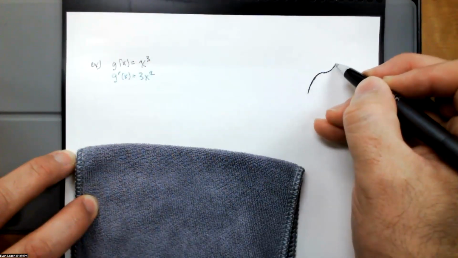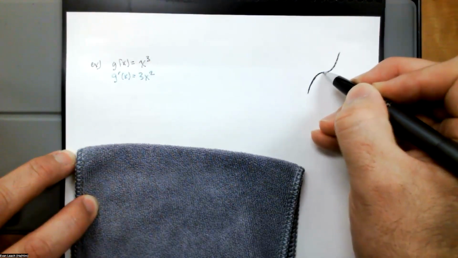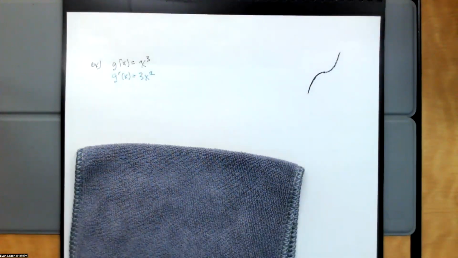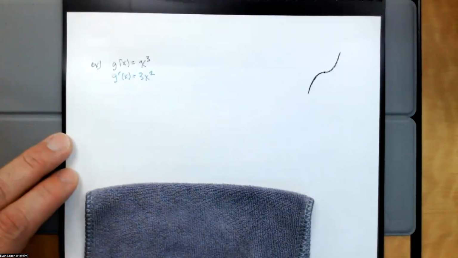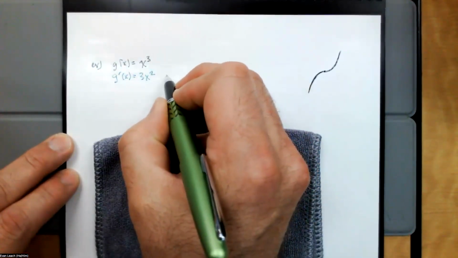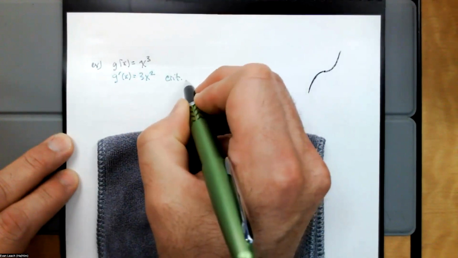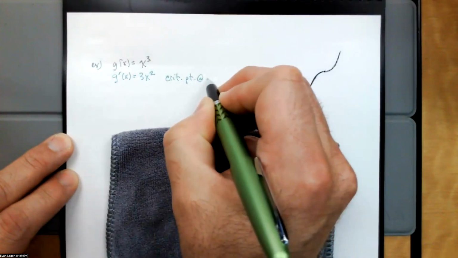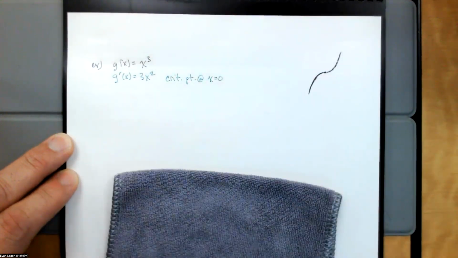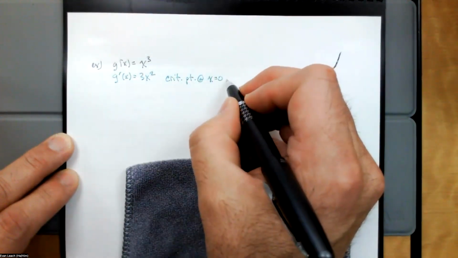X cubed just goes flat but keeps increasing on both sides. That's indicated by the even power of its derivative. The derivative 3x squared is positive when x is negative and positive when x is positive. It's just 0 when x is 0. We have a critical point at 0, but it's neither a max nor a min.